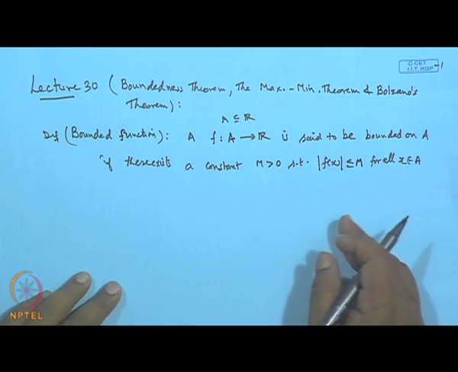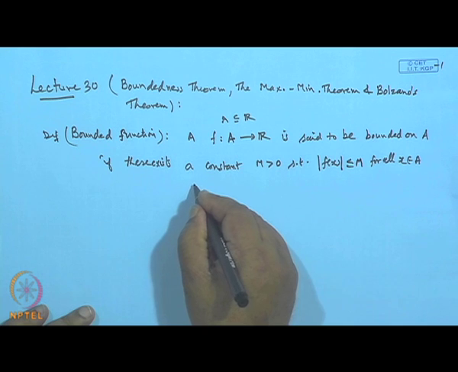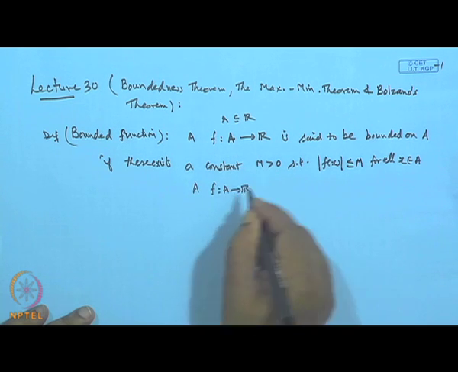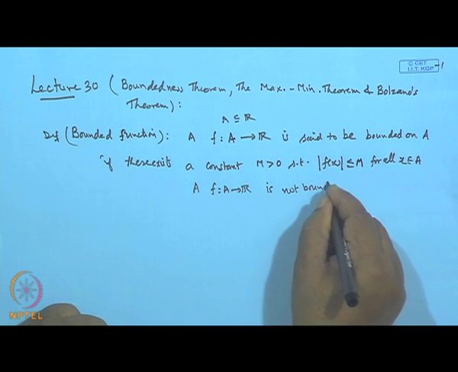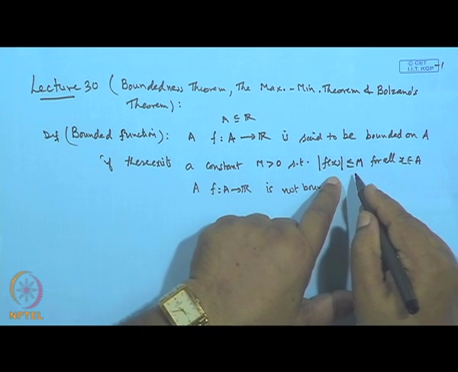So, when we say f is not bounded, it means a function f from A to R is not bounded: we are unable to get such an m for which this inequality holds.